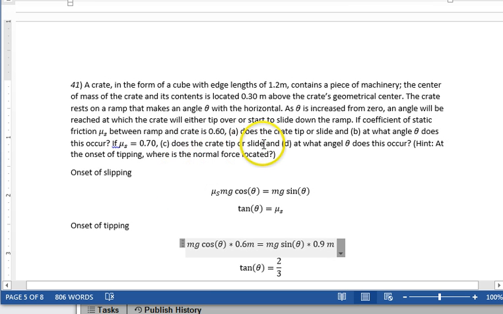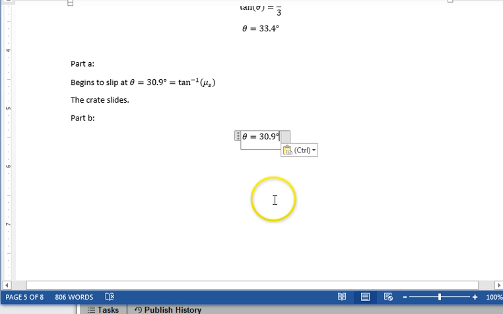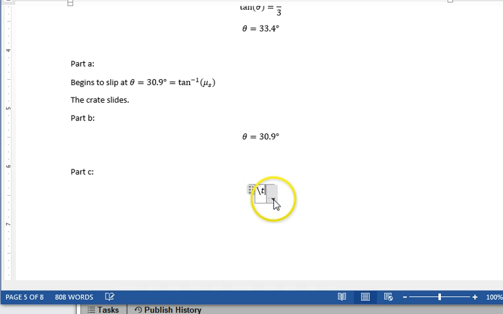Part C. Does the crate tip or slide if the coefficient of friction is 0.7? So in part C, we're looking at the theta at which it slides.